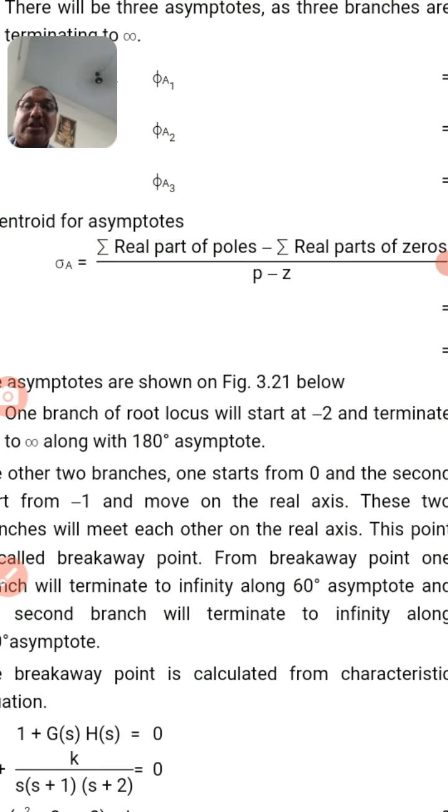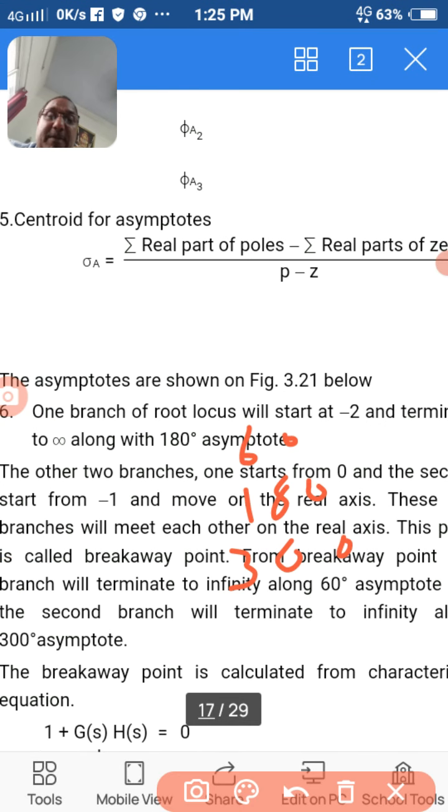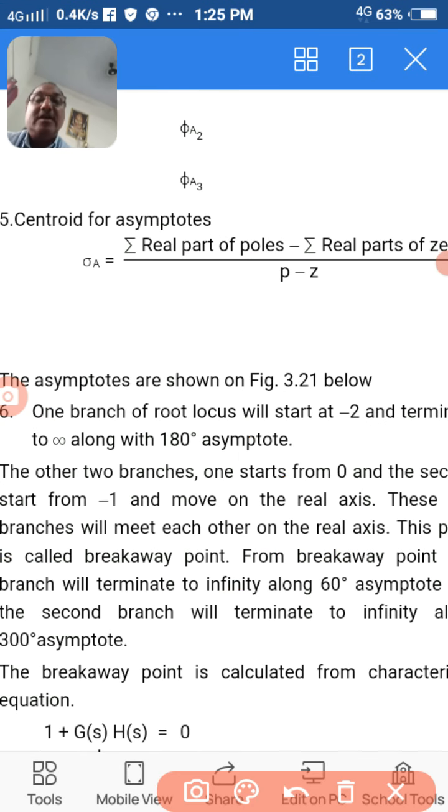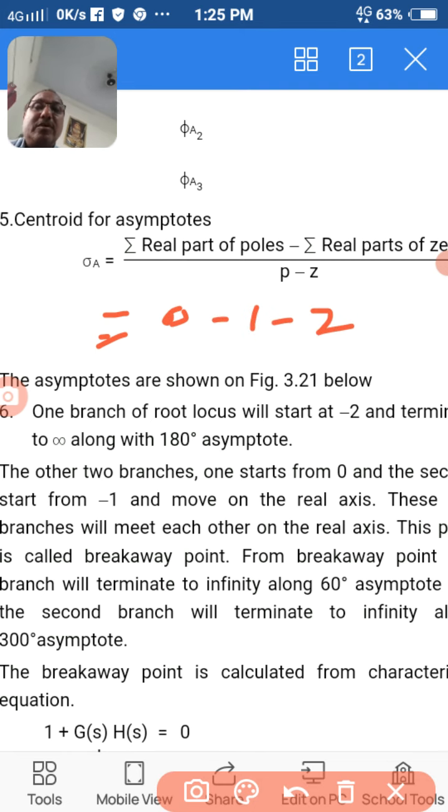So the centroid is equal to the real parts, 0 minus 1 minus 2, divided by 3 minus 0. There are no zeros here.